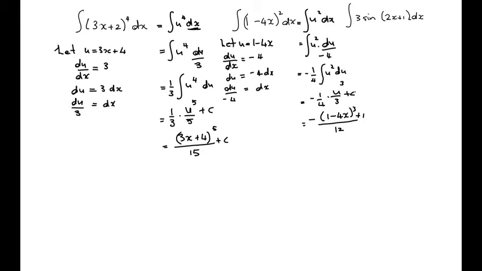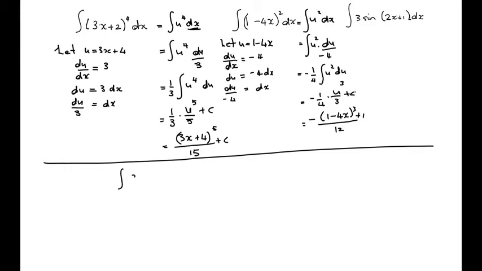I think I'll do the last one down the bottom here. Give me some space. So it's the integral of 3 sine 2x plus 1. The first thing I do is I put that 3 out the front. Now we know how to integrate sine x, but we don't have x, we have sine of something else.